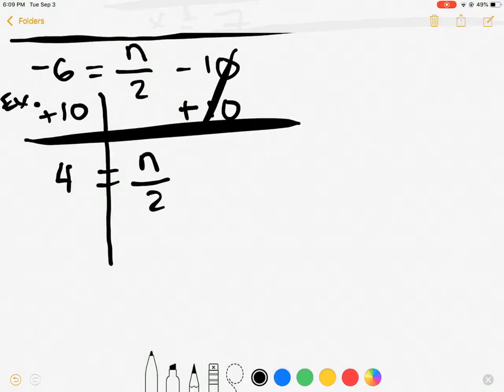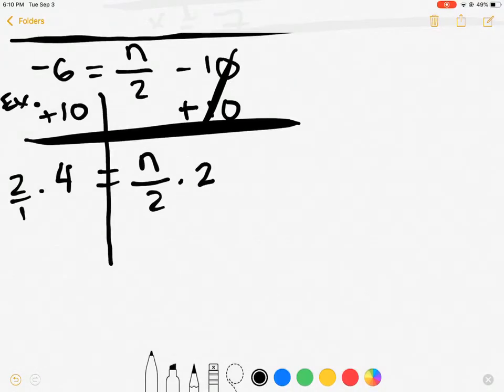Now this rewritten equation suggests that you're dividing your variable term by 2, and that would give you 4. To eliminate that division by 2, we could simply multiply both sides by 2.